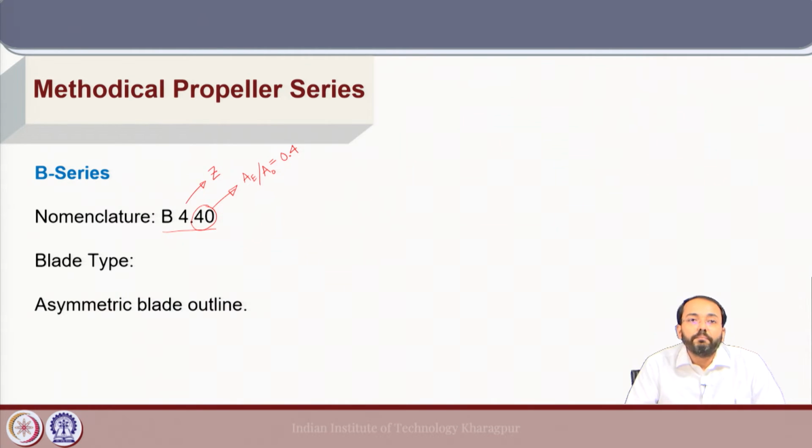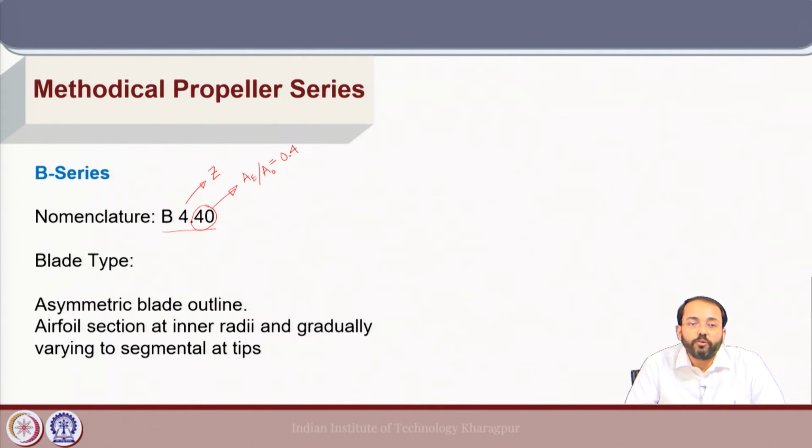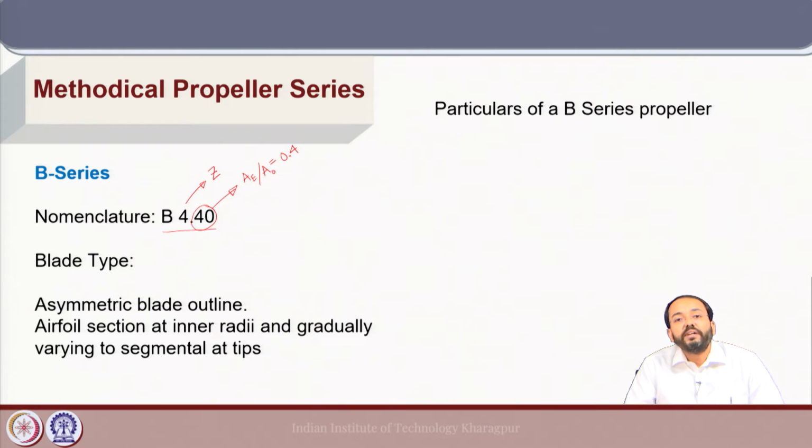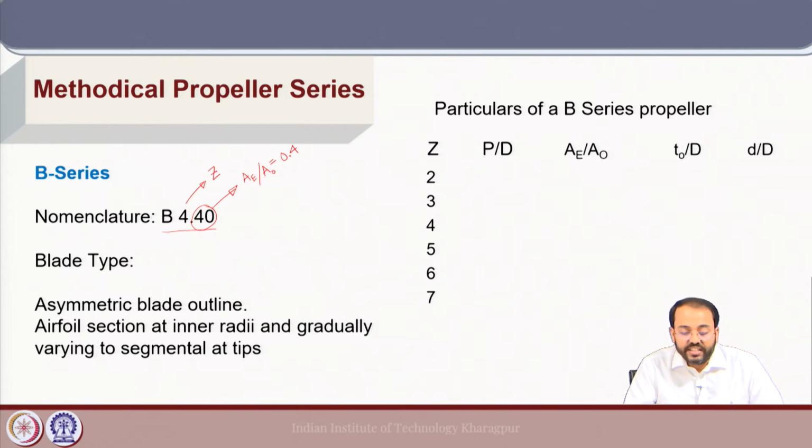So, here the blade type is asymmetric blade outline, and airfoil section is used at the inner radii and gradually varying into segmental sections at the tip. Now, because at the tip there are higher chances of cavitation, that is why segmental sections are used, which has certain pressure characteristics which is more conducive towards the tips. That is why for B series propeller a combination of airfoil and segmental sections are used.